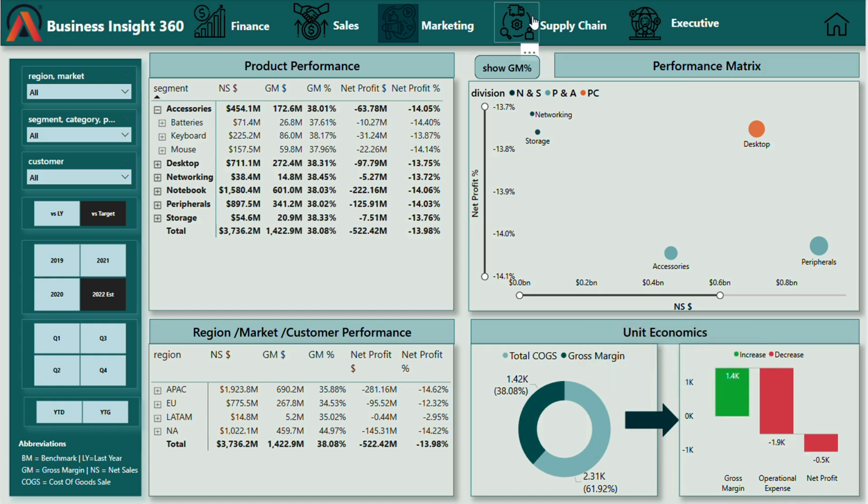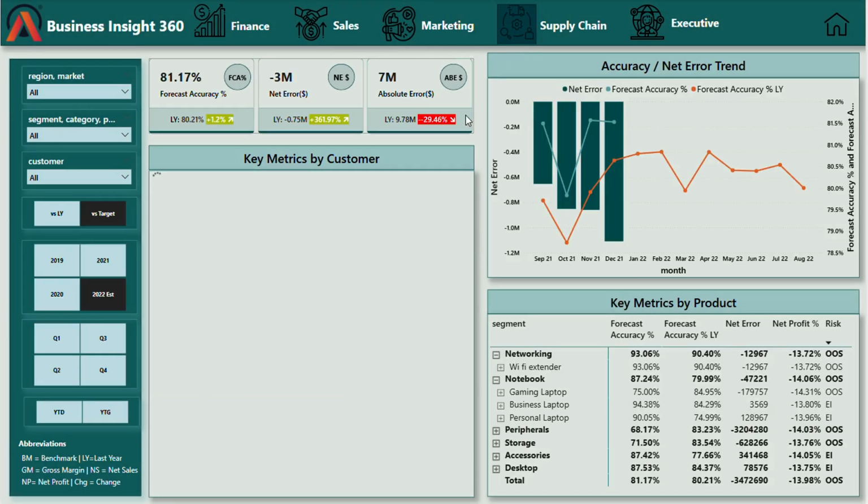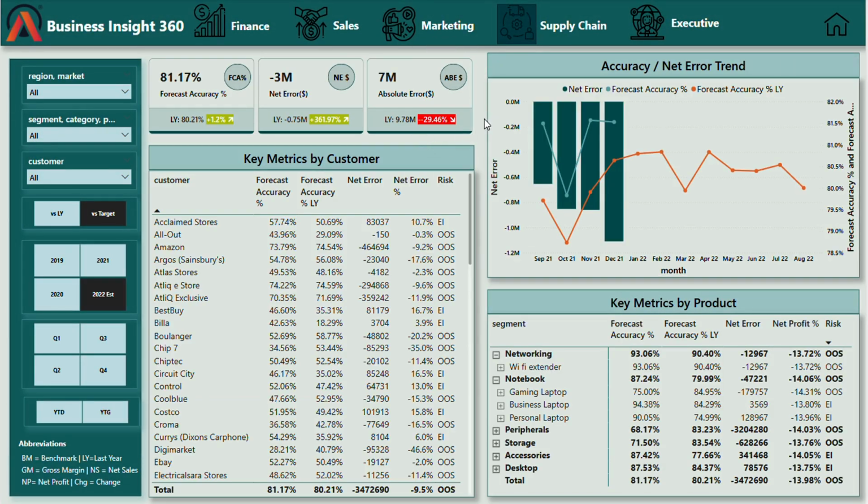Then we have the supply chain view. Supply chain is a parcel of any organization. In supply chain, we have again three new cards: forecast accuracy, net error, and absolute error.